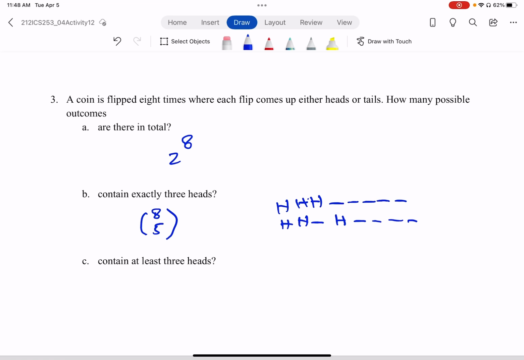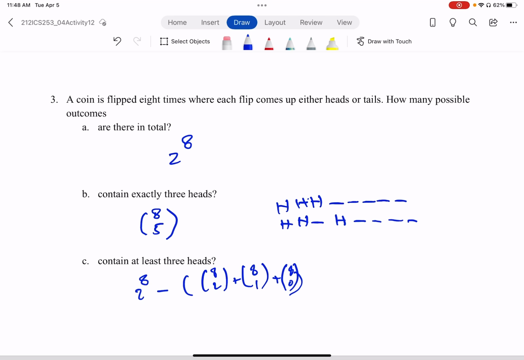Yes. 2 to the power 8 minus 8 choose 2 plus 8 choose 1 plus 8 choose 0. Okay. Notice here you are using a plus, not a product, right? Why? 2 to the power 8 is the total, right?